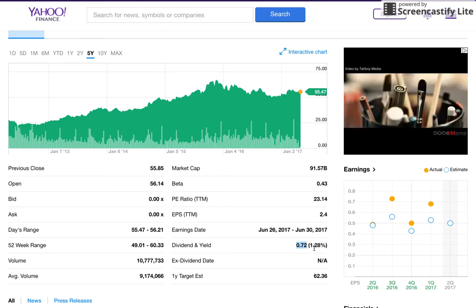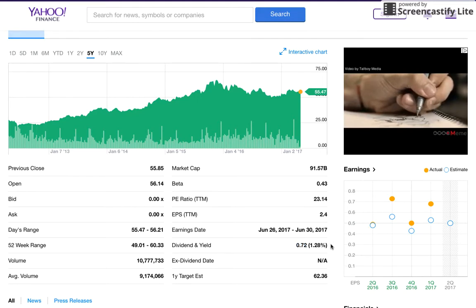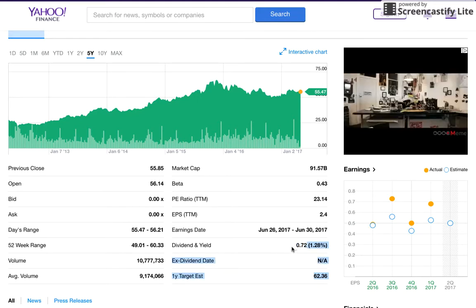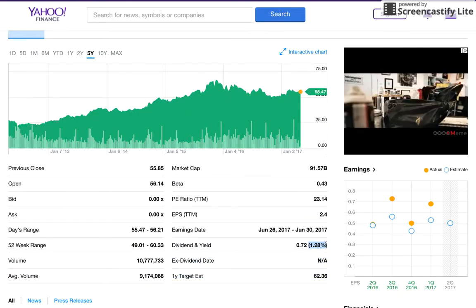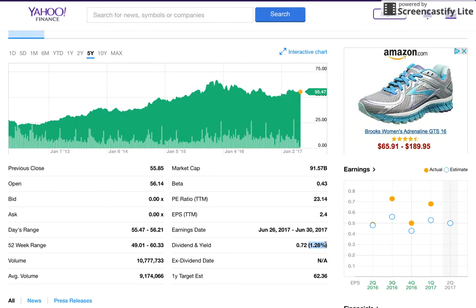So even without selling my stock for a capital gain, just by owning this stock, I'm going to receive dividends, which equates to a 1.28% return on an investment. That's way better than money sitting in my bank account. However, when inflation is at 3%, you can see that this isn't what's called an income stock.